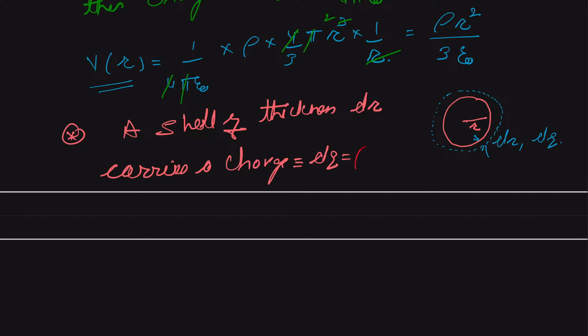Then dq will be equal to the charge density times 4 pi r square times dr. So this is the charge on this particular thin shell.